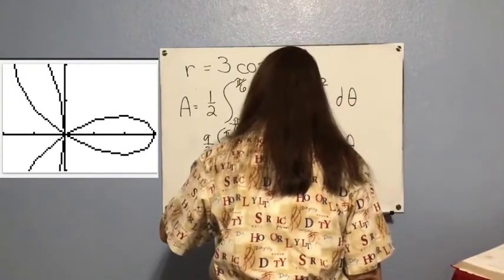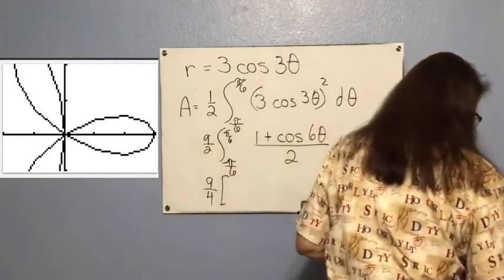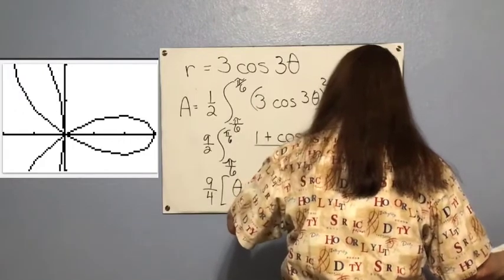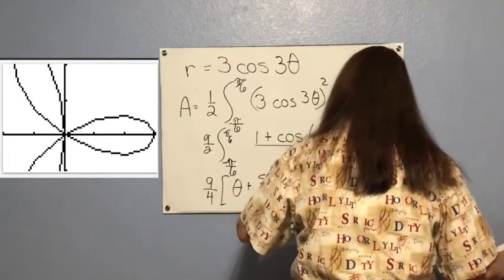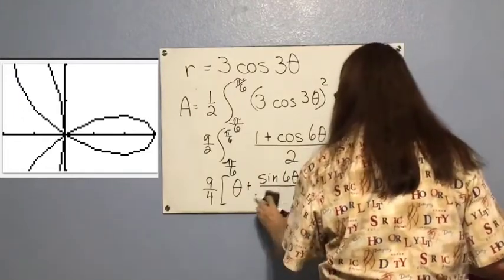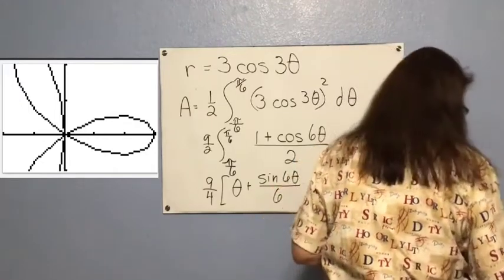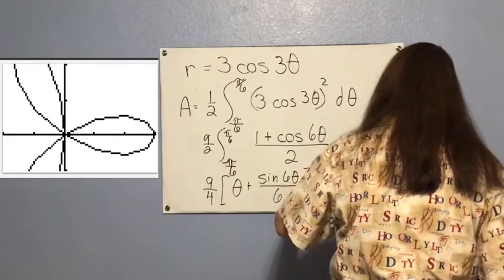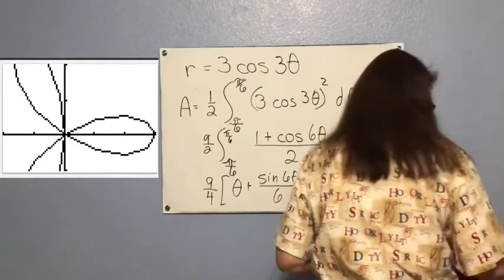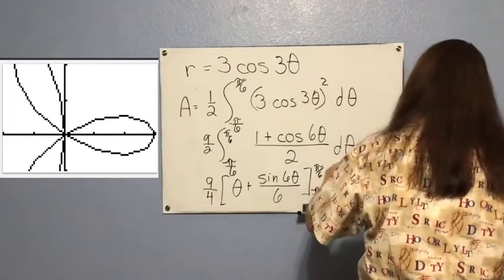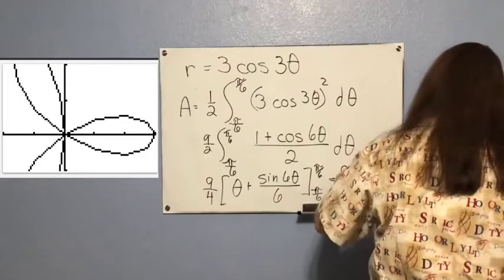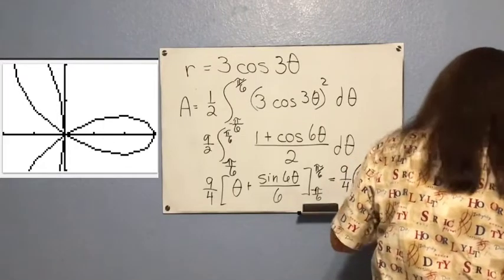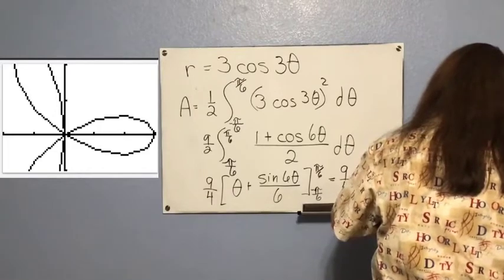Okay, and when we integrate, we get 9 over 4 times theta plus sine of 6 theta over 6, evaluated from negative pi over 6 to pi over 6, which gives us 9 over 4 times pi over 6 plus pi over 6.